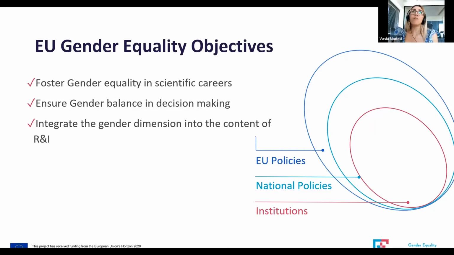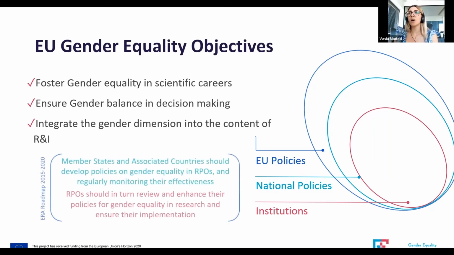Policy tools have moved from measures aiming at what we call fixing the women via individual support measures to actually fixing the institutions by promoting institutional change. We'll go through the concept of institutional change a little bit later towards the end of the first day, and we'll go through it thoroughly during the following days.